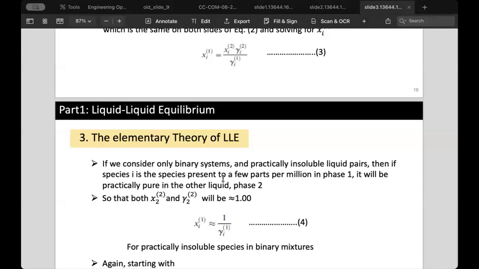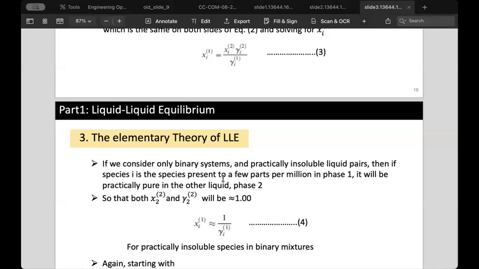So you see, the mole fraction of benzene in the water rich phase times the activity coefficient of benzene in the water rich phase must equal 1, right?